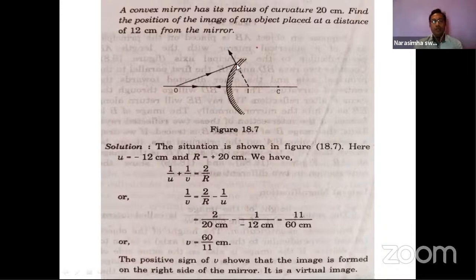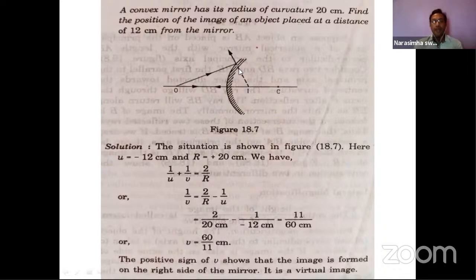You can see the two reflected rays here. One is in this direction, another one is parallel to the principal axis, and if you draw the backward rays for both of them, both appear to be coming from this point.